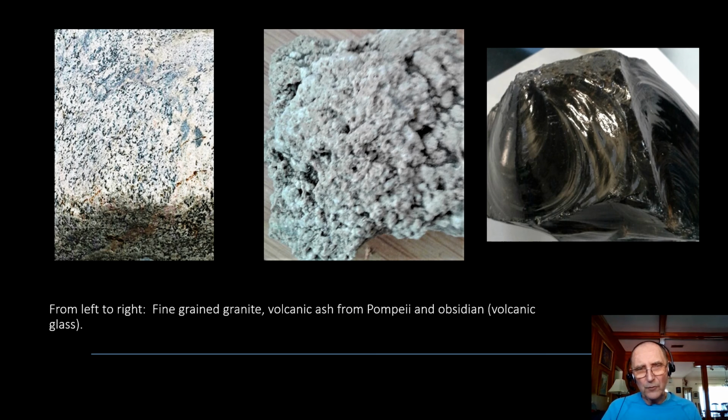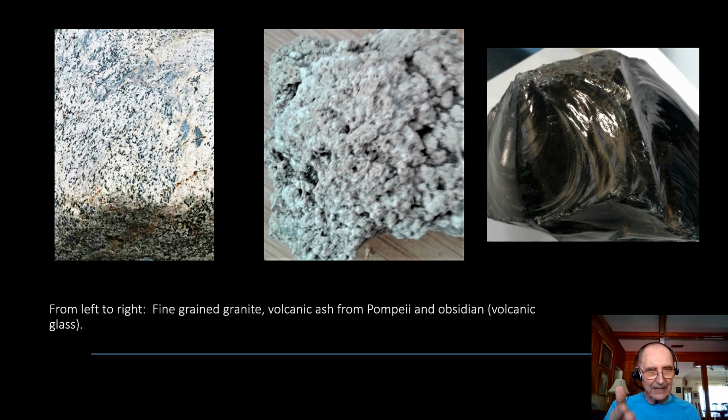Here I want for you to see pictures of three samples. The one on the left is a fine-grained granite. The pinkish looking mineral there is potassium feldspar. The clear mineral is quartz, and the dark mineral would be your amphibole. In the middle, you have volcanic ash from Pompeii.